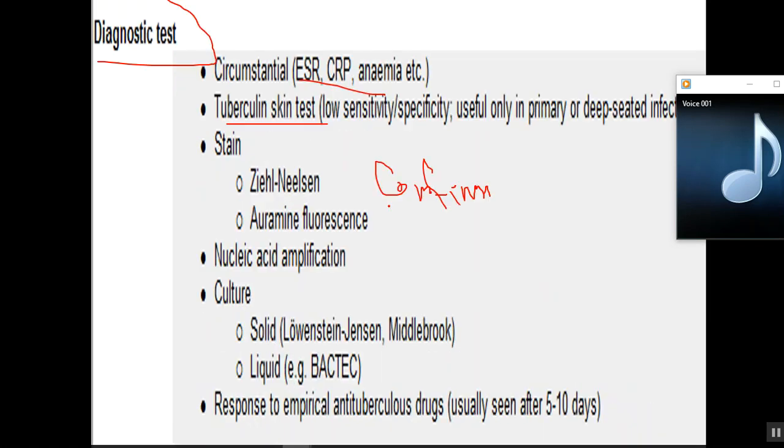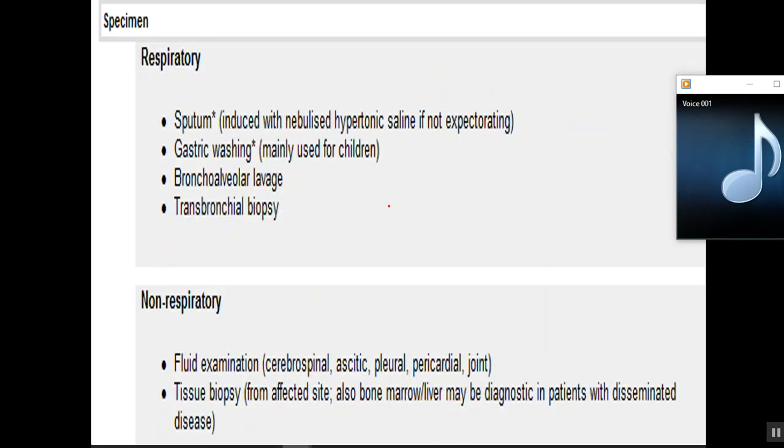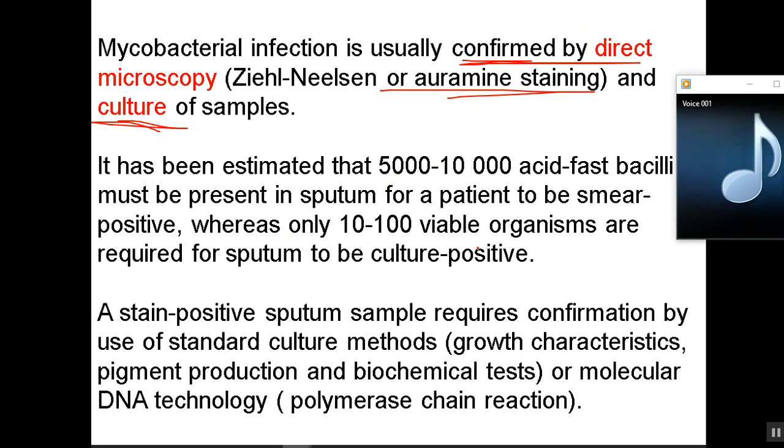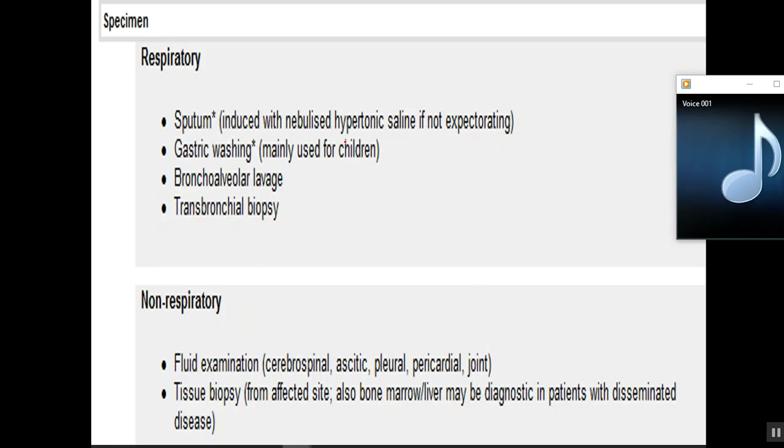This is the diagnosis as we talked in the last lecture, and we have specimens for investigation. The common specimen is sputum for AFB, and we can also get gastric washing in case of children or females who swallow the sputum, and lavage or biopsy.